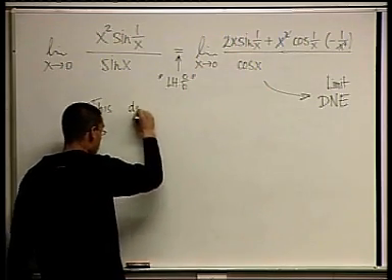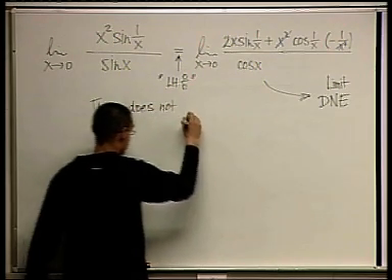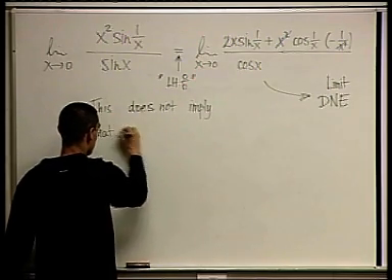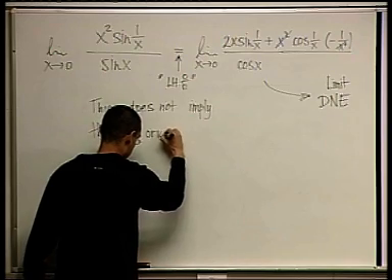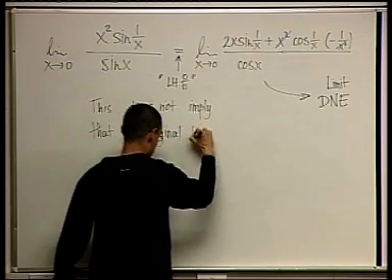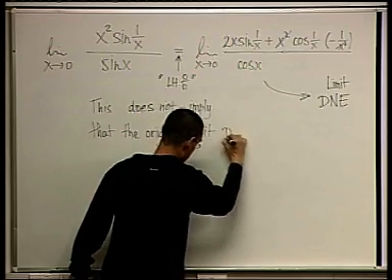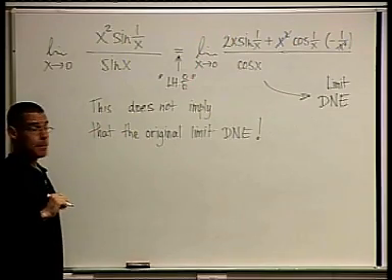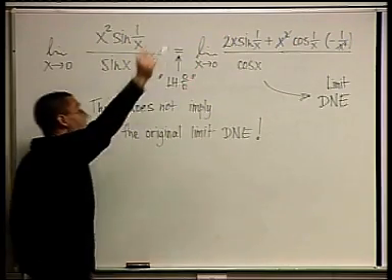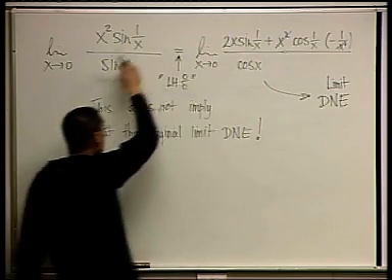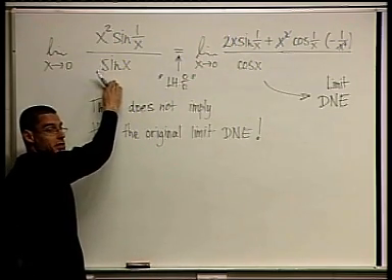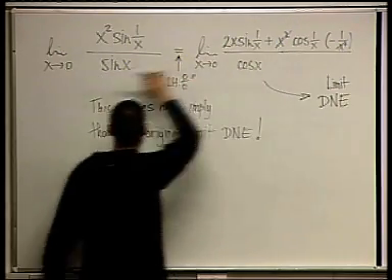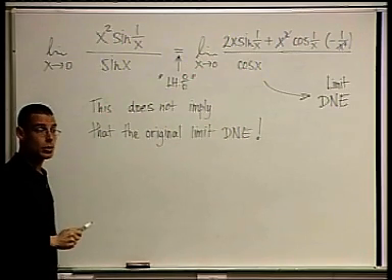This does not imply that the original limit does not exist. It does not imply that. Because the theorem said, if this limit exists, then it's equal to this one, and this one exists in particular. It didn't say that if this limit does not exist, then this one does not exist, and that's not true.